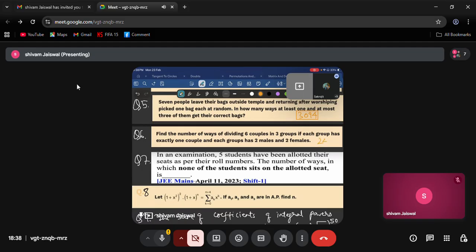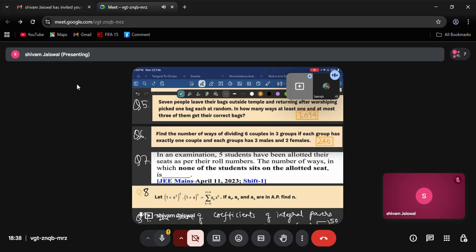Sir, can you solve this? Okay. We need to find the number of ways of dividing six couples into three groups if each group has exactly one couple and each group has two males and two females. So six couples should be divided into three groups.